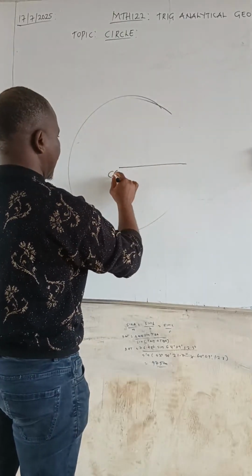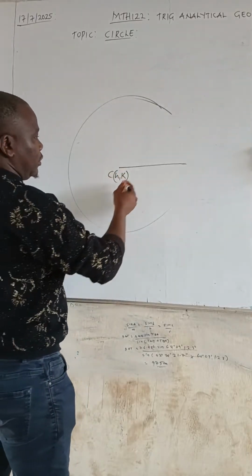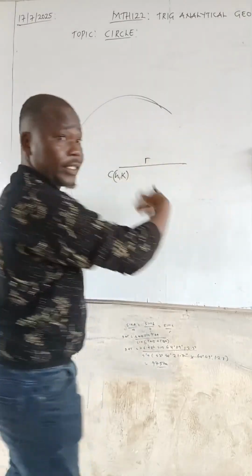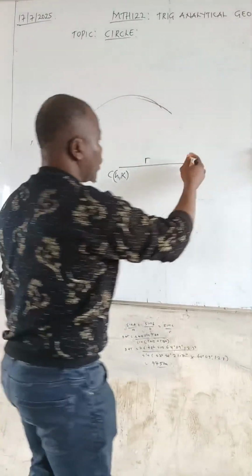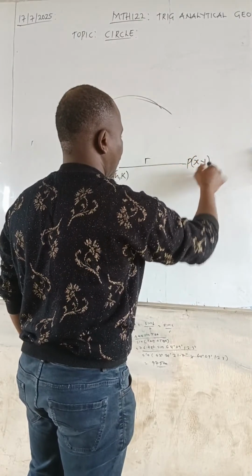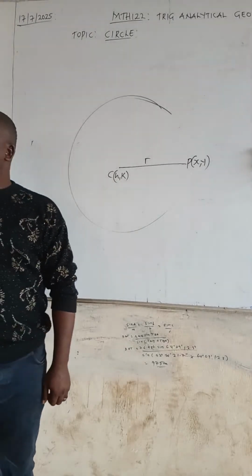Then the center, let's have it as H, K, and the radius is r. This is the circumference. Point P, we name here (x, y). Amen? Amen.